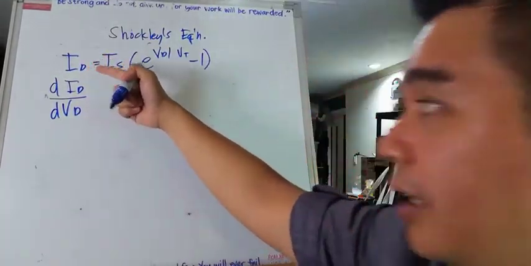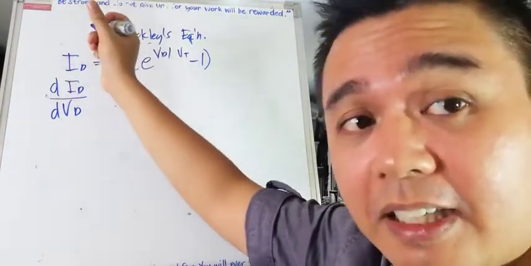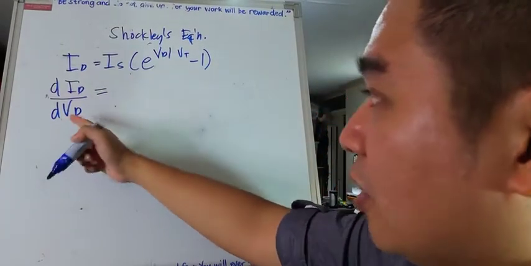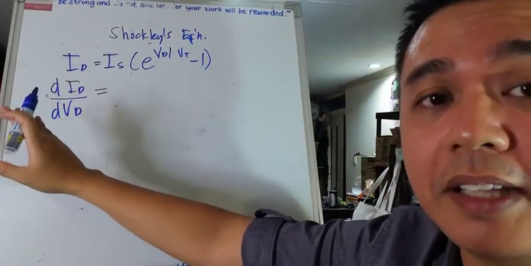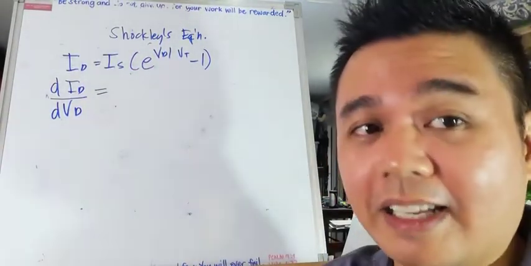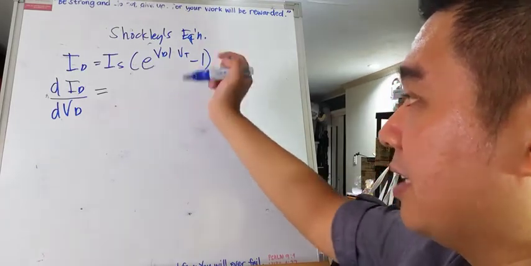So, the change in diode current with respect to the change in diode voltage. Kasi mamaya babalik tayo rin natin yan, as I've said, para makuha yung RAC. Equals. Kinuha natin yung derivative ng left-hand side ng ating equation, therefore, dapat kunin din natin yung derivative ng ating right-hand side. So, if we will just distribute I sub s, no?